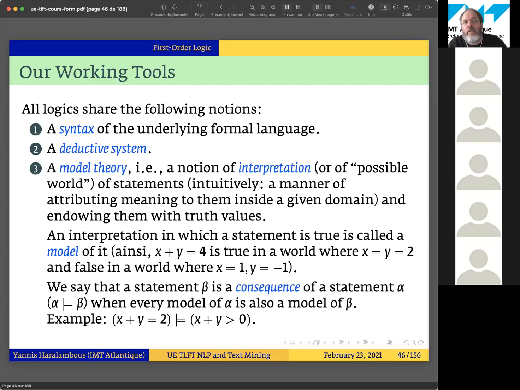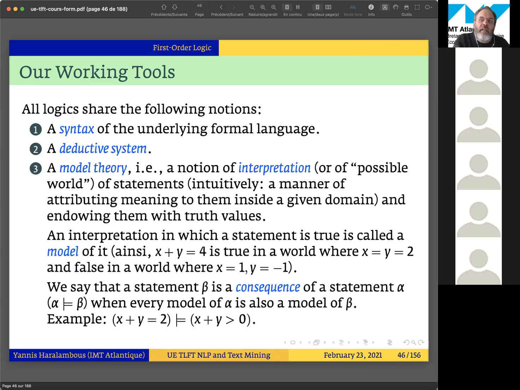Now, once you have interpreted your formula, you get the notion of truth. If I take a formula, P of X, is this formula true or not? The question doesn't make sense. It's simply a logic formula.